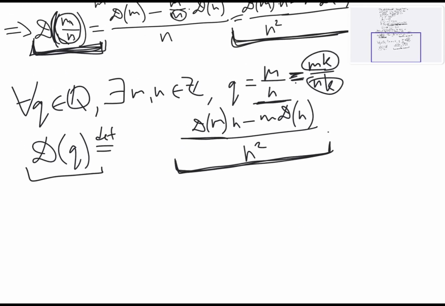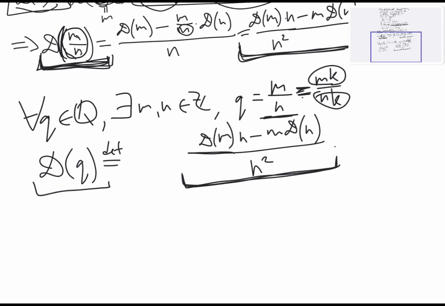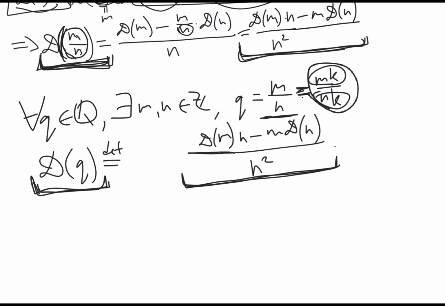Okay, so let's first prove that if we multiply both numerator and denominator by the same number k, then the value of d of q would be the same.